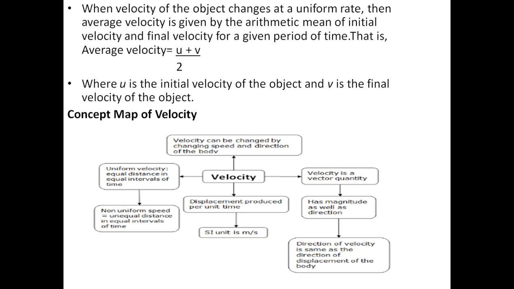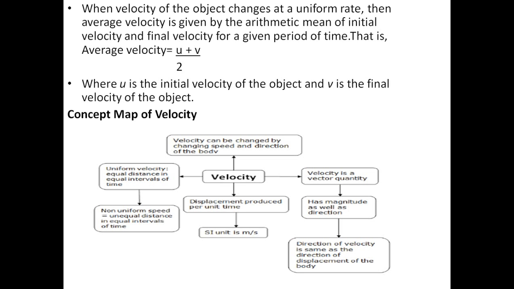So the body is moving in a definite direction, so it's a velocity. If the body is moving in uniform motion, then the body's velocity is changing in a uniform way, that is uniform velocity.